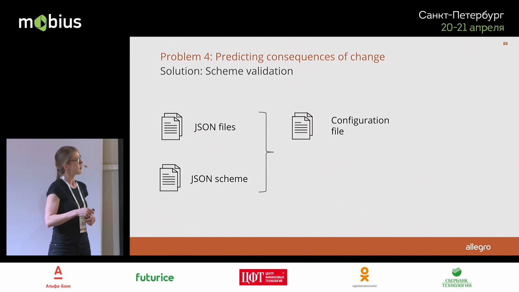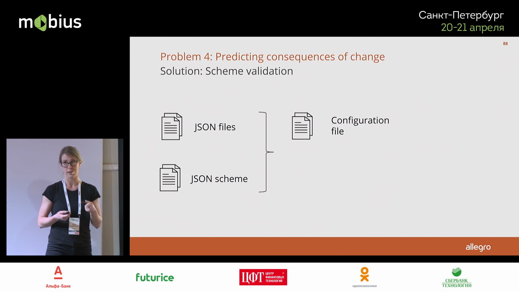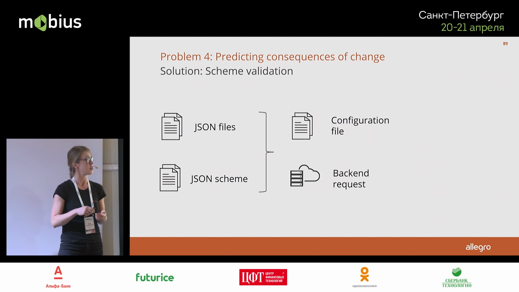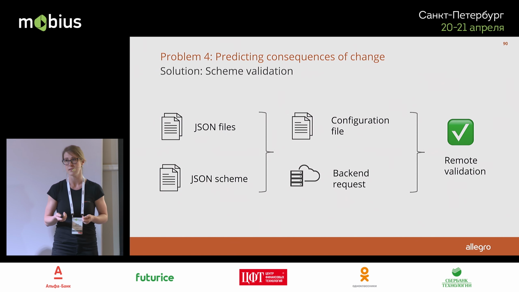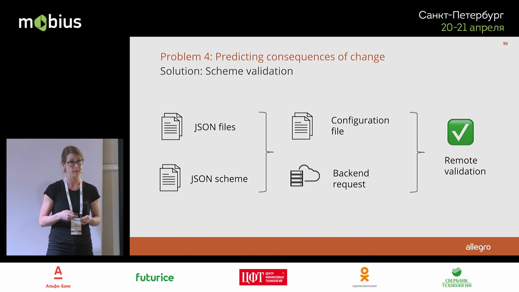This information is stored in a configuration file. So the configuration file knows what exactly tests expect from the API, and then we compare this information with the actual backend requests. So we can check whether these two pieces of information are consistent, and if they are, the remote validation passes, and we are sure that our JSON responses are up to date.